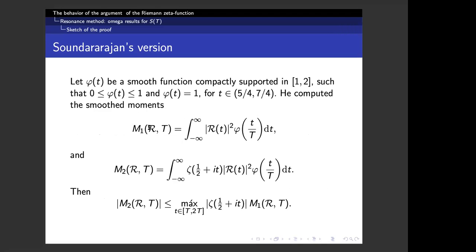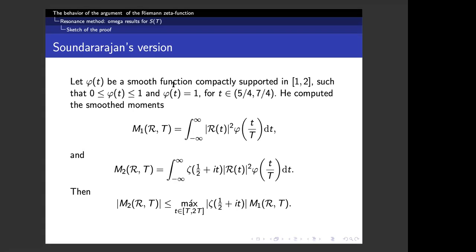And he defined these smoothed moments, M1(R,T), as the integral of the resonator with this smooth function here. He defined M2(R,T), the similar integral with the Riemann zeta function here. And then this implies the following. You take absolute values here.